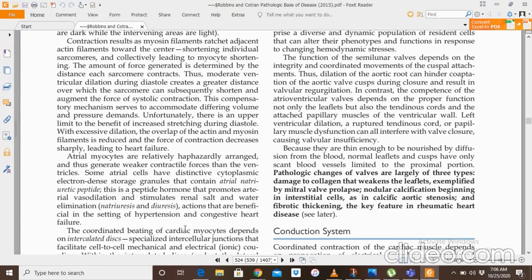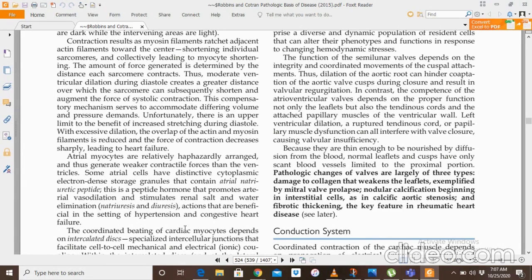So they help us in hypertension and congestive heart failure. These atrial natriuretic peptides are beneficial in cases of hypertension and congestive heart failure because they promote renal salt and water elimination and they cause atrial vasodilation.